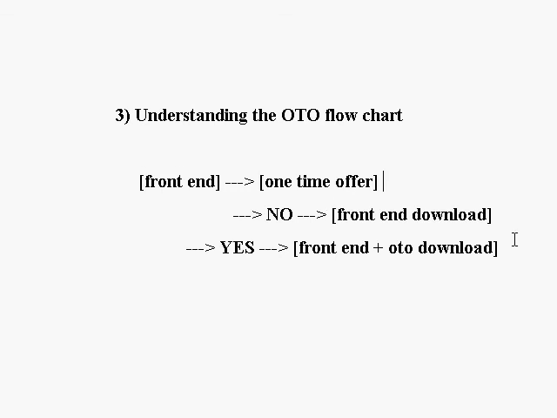I'm not going to go into that because there are many ways you can set it up. You can set it up using things like JV Manager, which is one-time offer friendly. JV Manager 1 is a great tool to use.